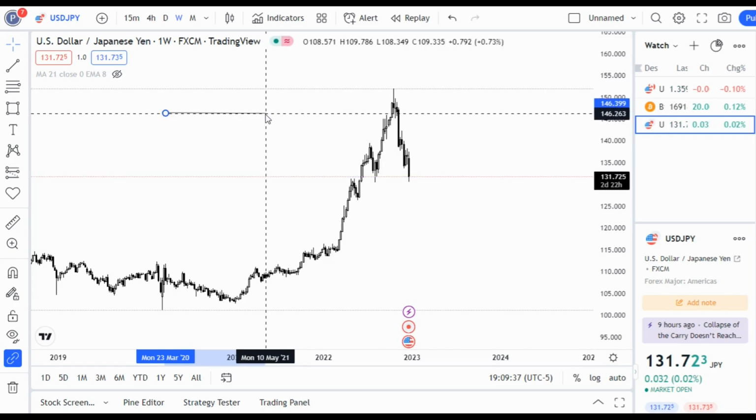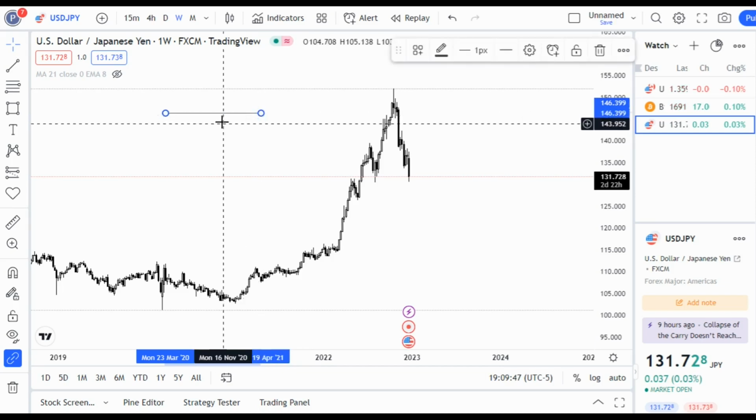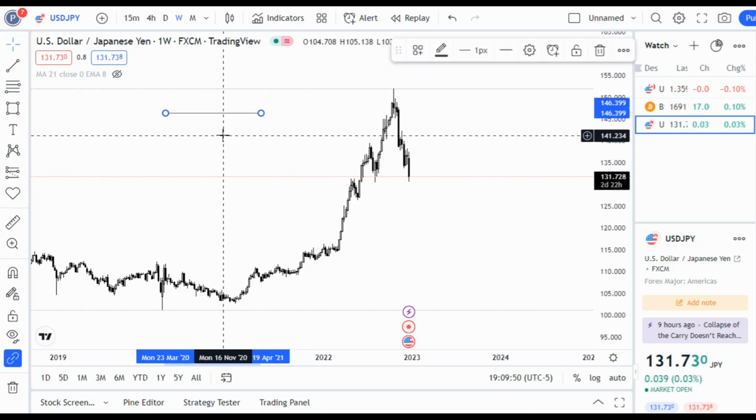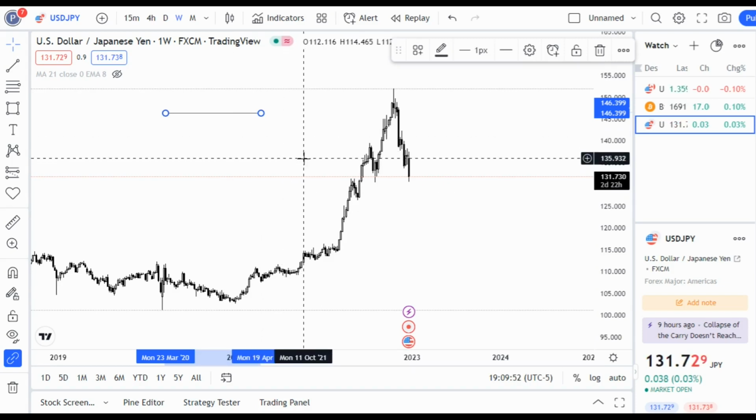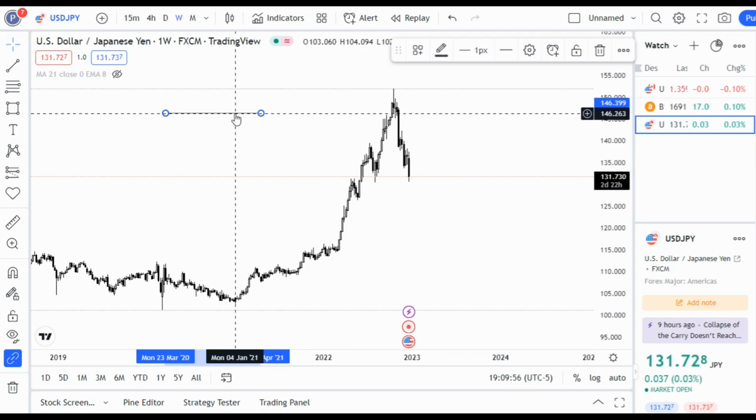What I see is what I'm trying to indicate. Maybe you may see something different when it comes to the higher high, the lower low, the higher low, and the lower lows identification.